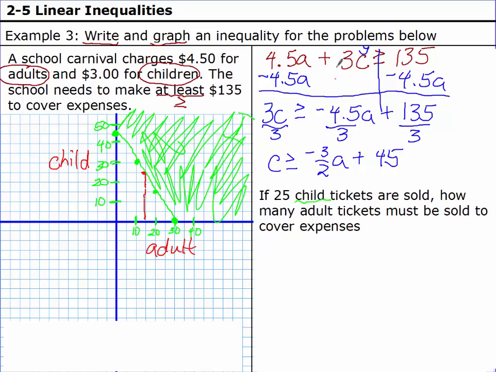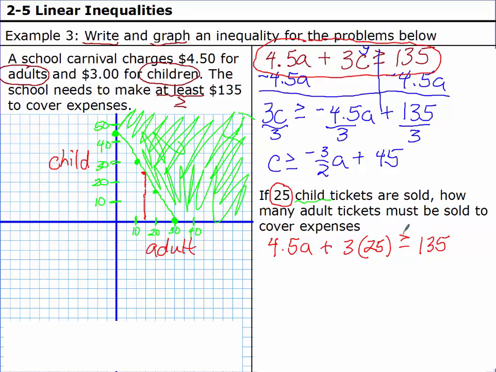The way you get an exact answer, I'm going to go all the way back up to this original equation I wrote. I can plug in 25 for C in that equation. 4.5a plus 3 times 25 greater than or equal to 135.